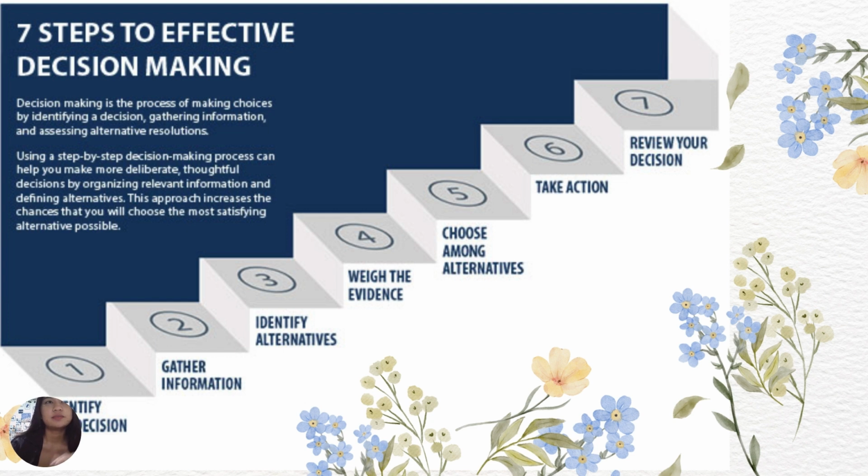Using a step-by-step decision making process can make you more deliberate throughout your decisions, organizing relevant information and defining alternatives. This approach increases the chances that you will choose the most satisfying alternative possible.